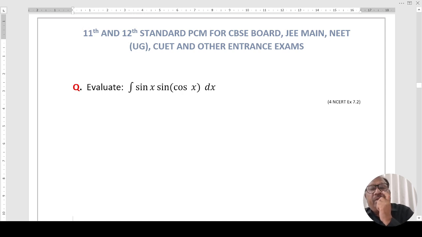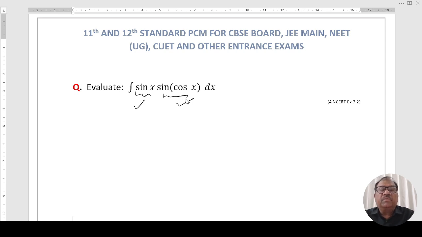Question is, evaluate sin x into sin of cosec x dx. As we are using the substitution method, one function is this, another function is this. Now this expression can be simplified by substituting cos x equal to t.